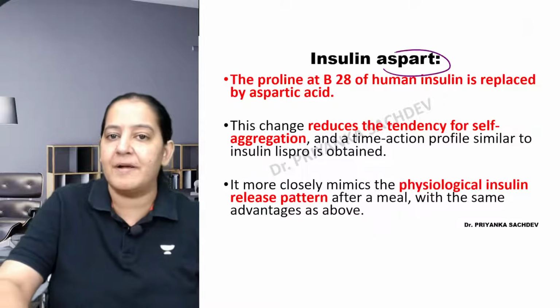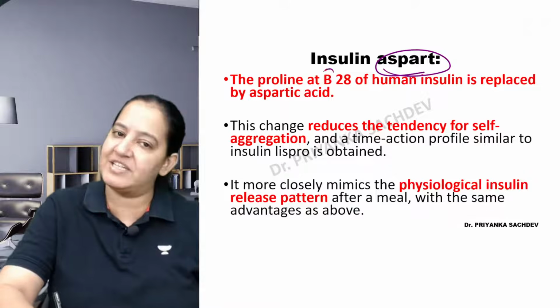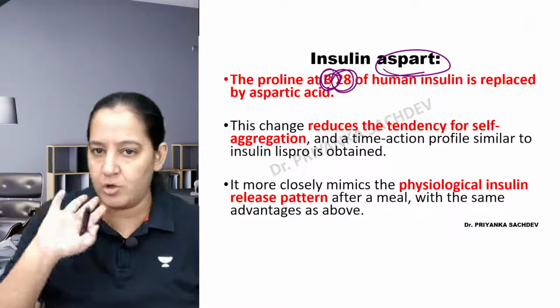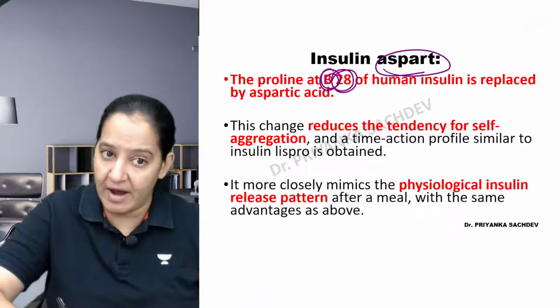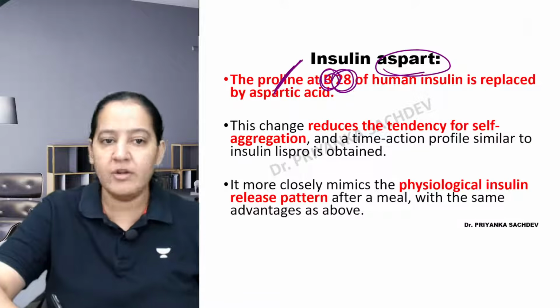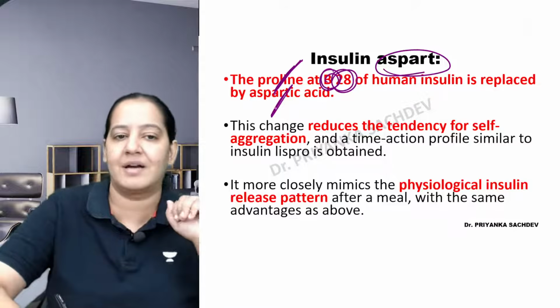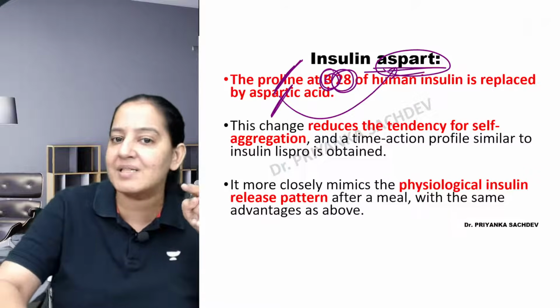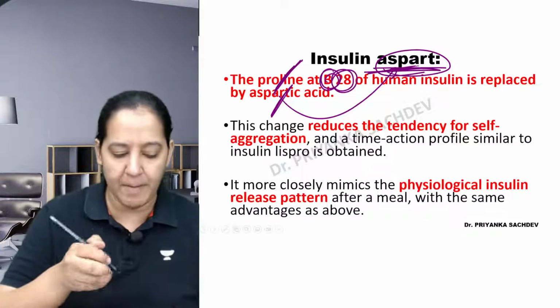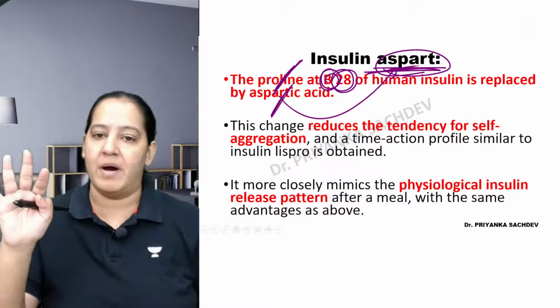What change are we making in Aspart? In Aspart also you are making the change in the beta chain. Only beta 28, not 29. At 28, what we have, I have told you, is proline. Instead of proline, you are replacing it with aspartic acid. Proline is replaced with aspartic acid, so it is known as Aspart. Aspart will remind you of aspartic acid. You got my point? That is the second one.